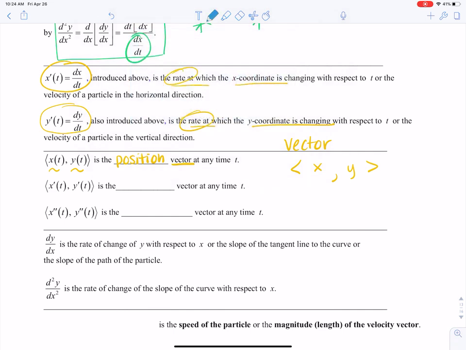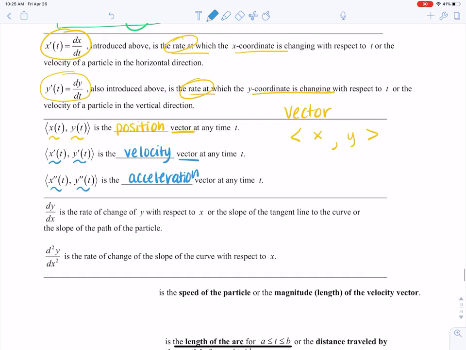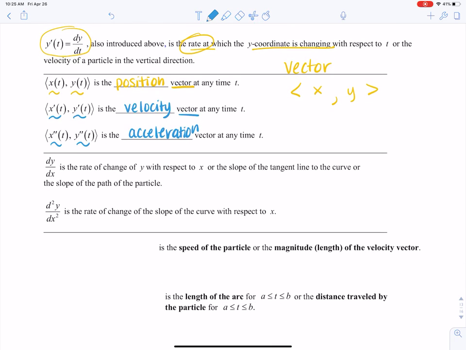And when you see x prime of t and y prime of t, we call that the velocity vector. And a vector composed of the second derivatives is the acceleration vector. It's just a way of representing information with these two little arrow bracket things.